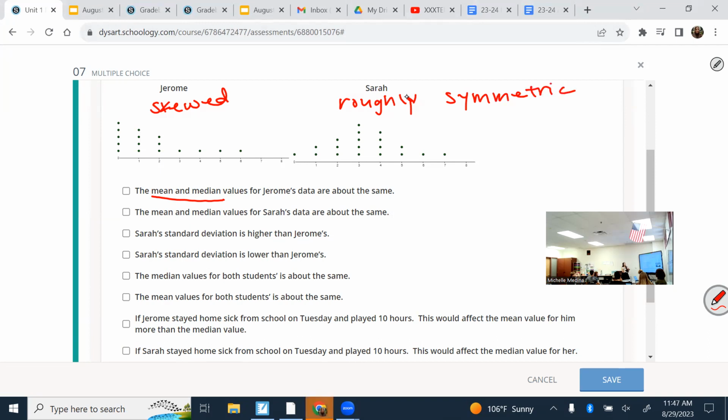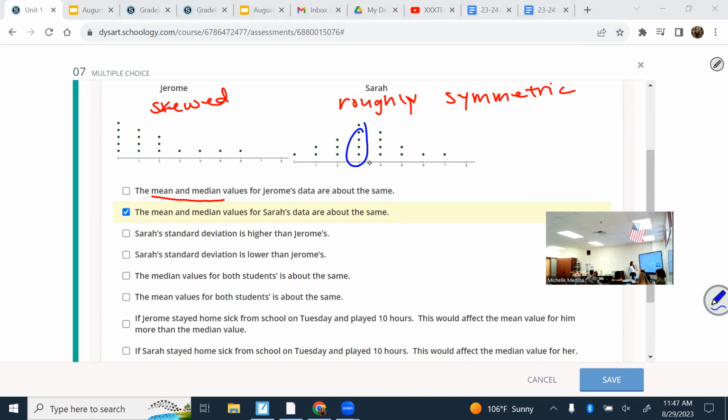When the data is symmetric or roughly symmetric, then we could expect the mean and median to be the same. So I would not pick the first one. I would pick the second one, where it says Sarah's are about the same, because hers are roughly symmetric. The mean and median would be about here in the middle. So that's how you know if it's symmetric: mean and median are about the same.